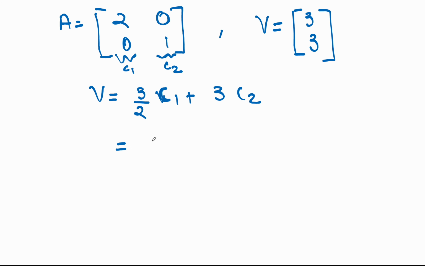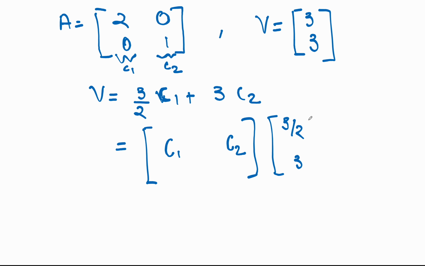Alternatively we can write it as c1 c2 times 3 by 2 3, and c1 c2 is nothing but matrix A times this vector. So let's call this vector x.